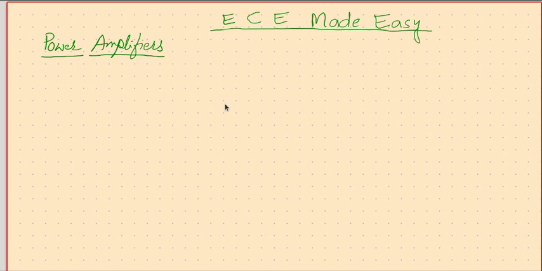Now, after looking at the basics of amplifiers, let us see the various types of amplifiers. Basically, we have two types of amplifiers. One is a voltage amplifier, and the other one is a power amplifier.